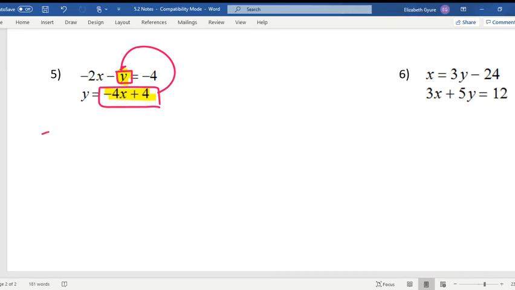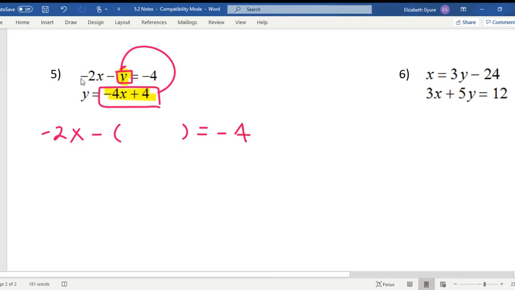So we're going to have negative 2x minus, and then do we want to keep that y, or are we going to change that y into something else? What do we think? Is that y? Do I want to write that y, or do I want a nice open set of parentheses? We want an open set of parentheses, equals negative 4. Because I don't want y.